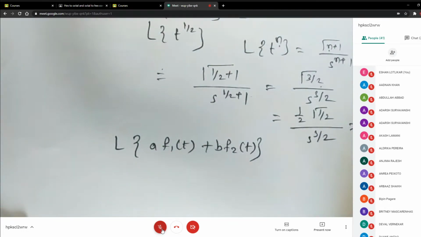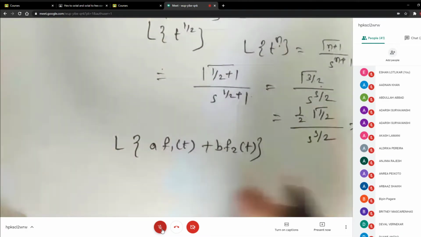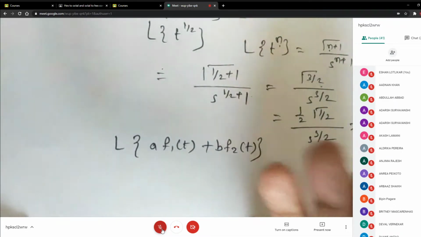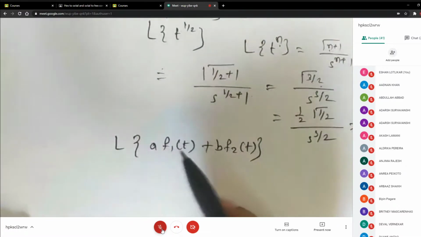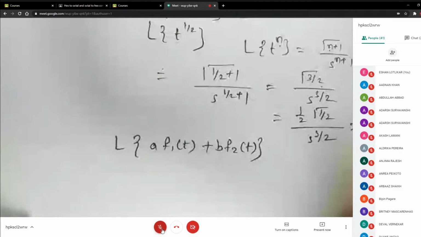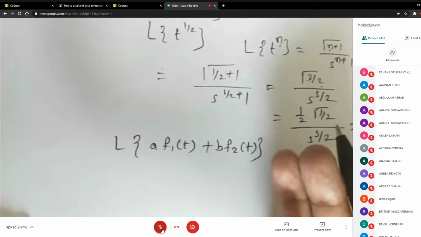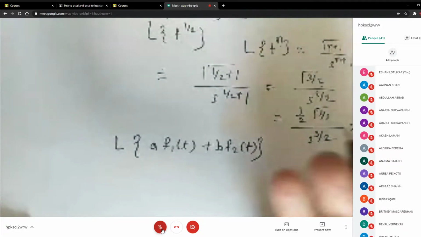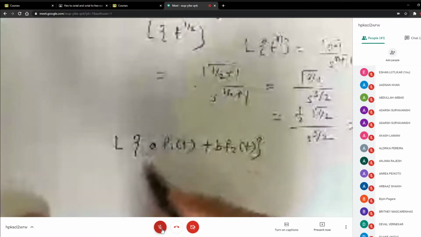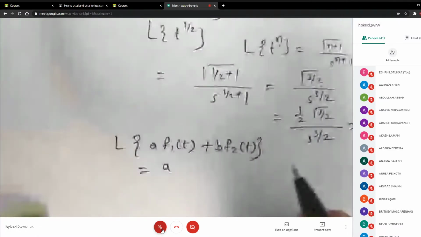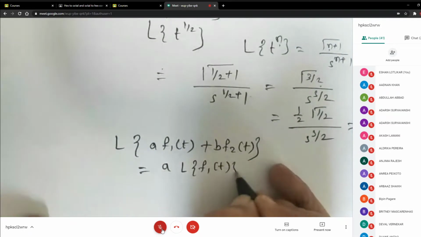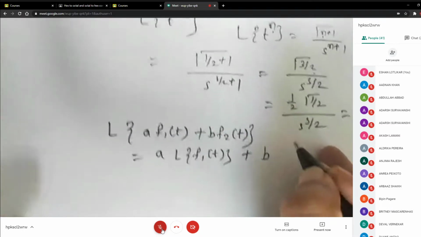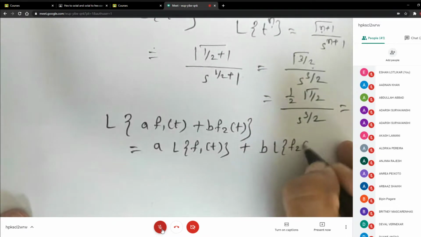Like integration and differentiation, you always take out the constants and separate the terms. Differentiation of first term plus differentiation of second term, or minus. Same thing for integration. So here also we take out the constant, find Laplace of first function plus, taking out the constant, Laplace of second function.